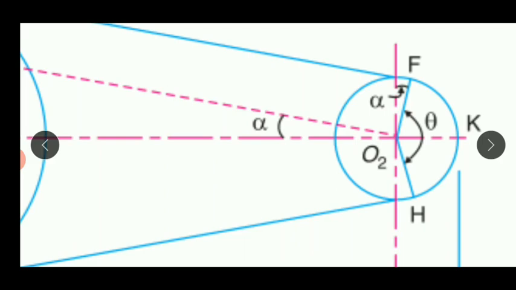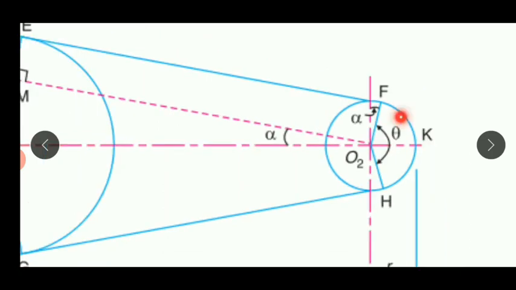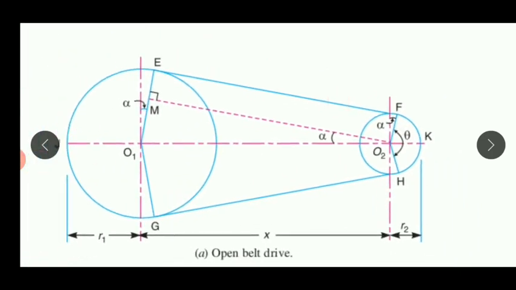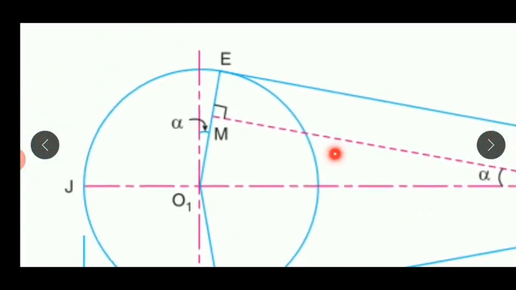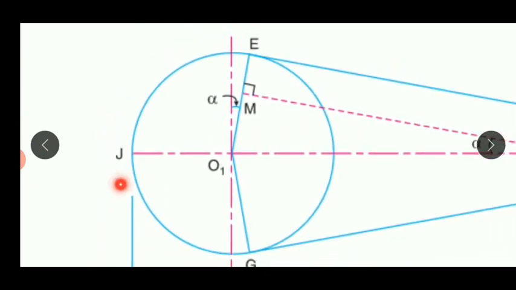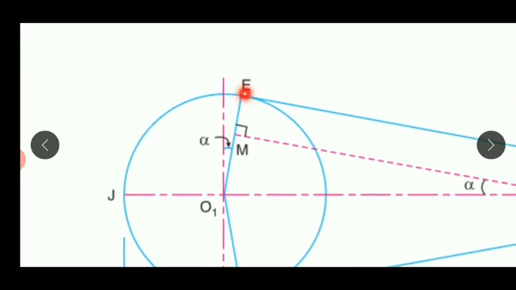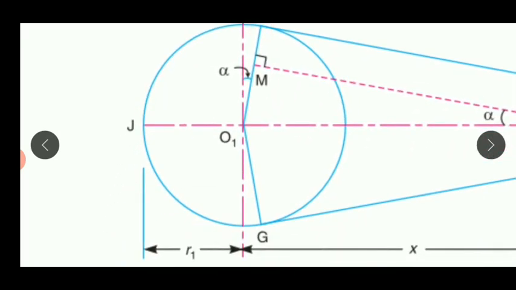The angle between both the lines is called alpha. Here again you can understand what alpha is. So alpha is the angle between the vertical line passing through the center of the pulley and the lines EO1 and O2G.